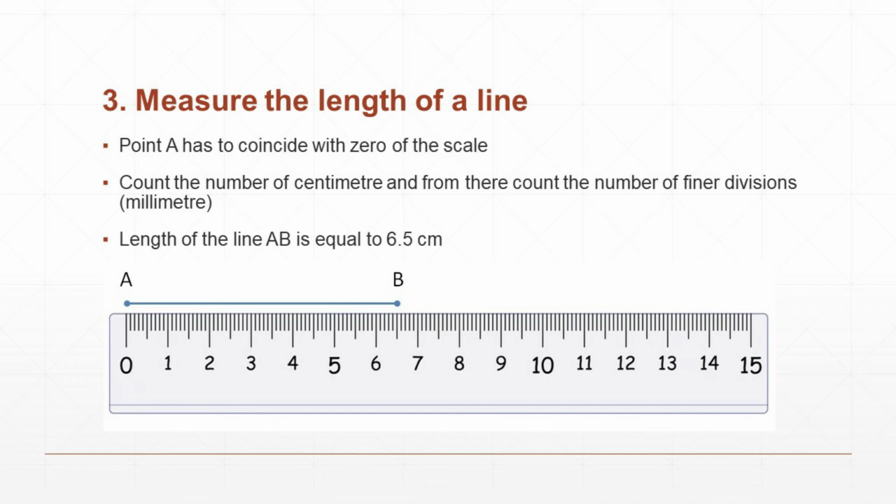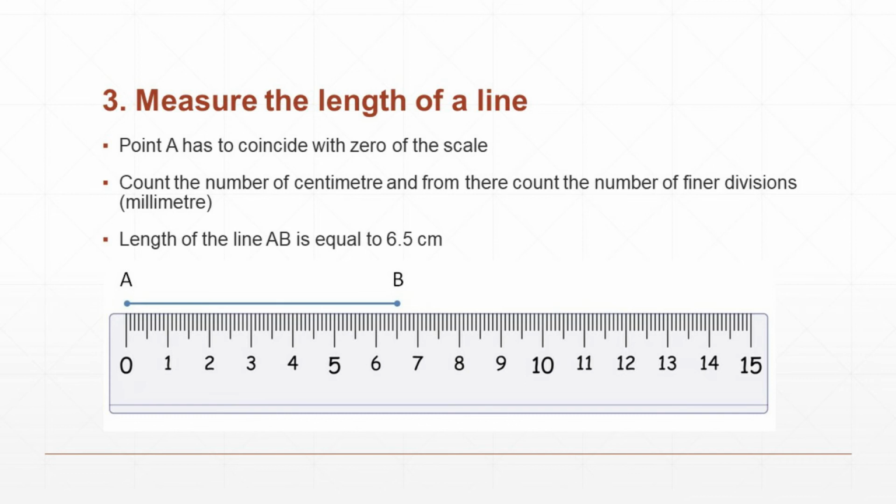The distance between 1 and 2 denotes a centimeter, cm. Notice that between 1 and 2 there are smaller markings. If you count, there will be 9 such lines. The distance between any two consecutive smaller markings within a centimeter denotes a millimeter. You can see that in the ruler.